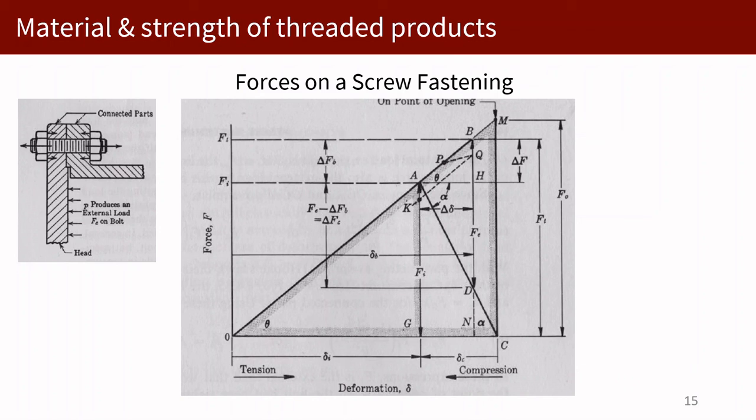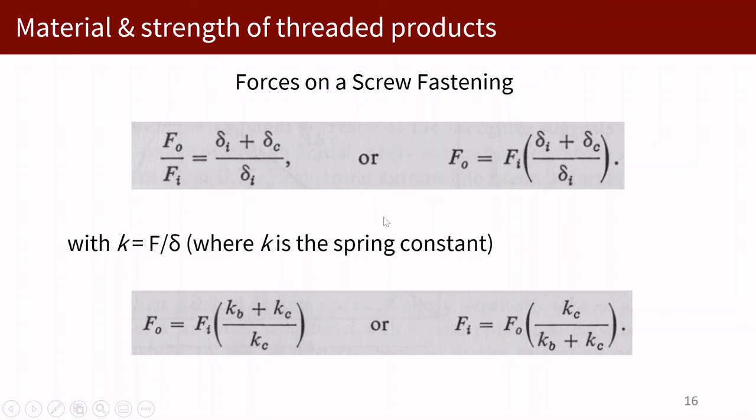Okay, so from this we can form a relationship between the deformation and the forces involved. So here, this is the first equation. F sub O over F sub I equals delta I plus delta C over delta I. So subscript I refers to the initial deformation or the tensile deformation, which pertains to the bolt, while subscript C refers to the connected parts or the compressive deformation.